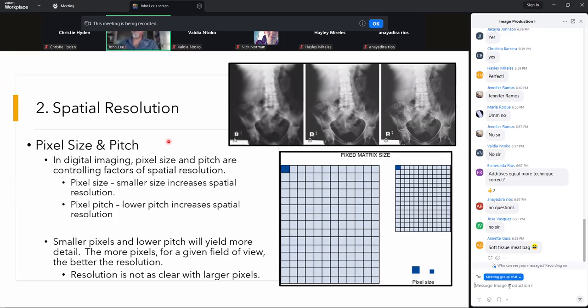In our image receptors, because we haven't quite solidified all of our digital technology terms, a term that I'm seeing more frequently now is a DEXEL, when we're speaking of the actual physical parts of the flat panel detector. So the DEXEL would be detector element as opposed to picture element.